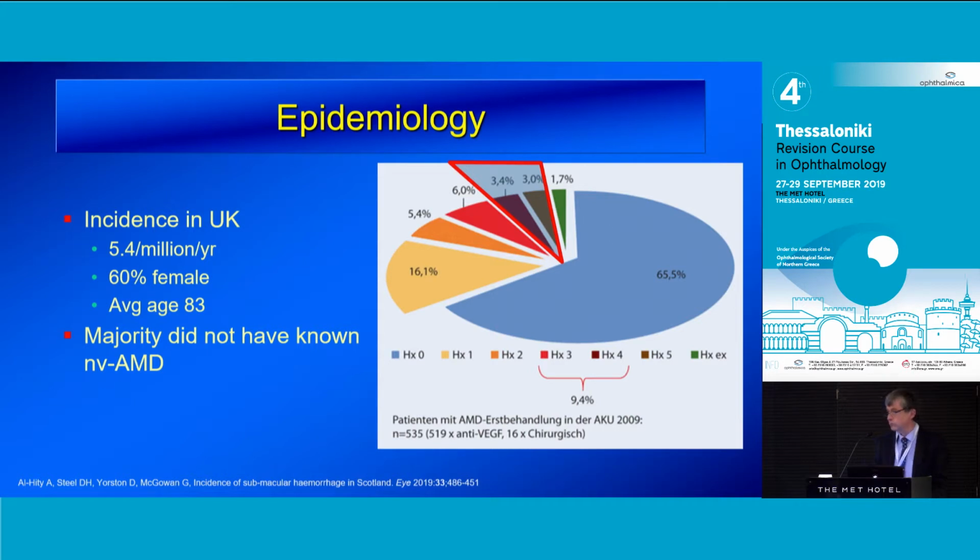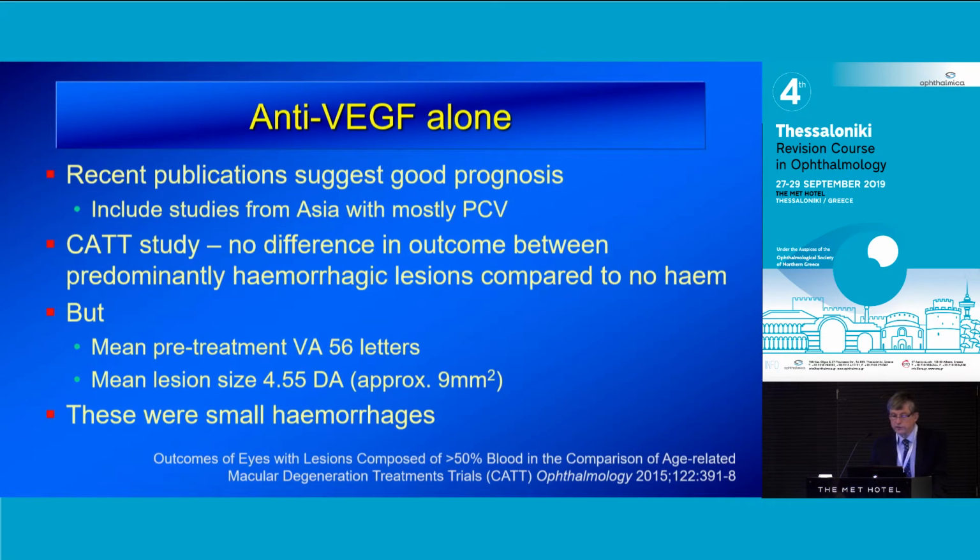And they're actually quite a small proportion. Again, this is from Sylvia Bopp's paper. Just over 6% of eyes with AMD have these kinds of large hemorrhages. So it's not very common. For the treatment of these, you may use anti-VEGF alone, and the CAT study looked at predominantly hemorrhagic lesions compared to those without hemorrhage, but they turned out to be fairly small hemorrhages.